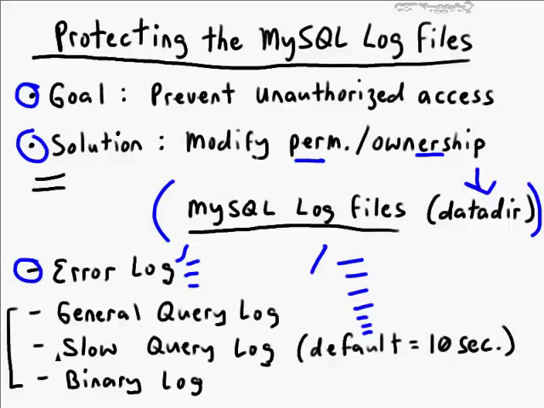The other 3 logs you have to enable either interactively from a command line using mysqld, or you can set them to start in the option file. The general query log is exactly what you think it is. You enable it and you'll find that the log begins echoing all commands sent to MySQL server.